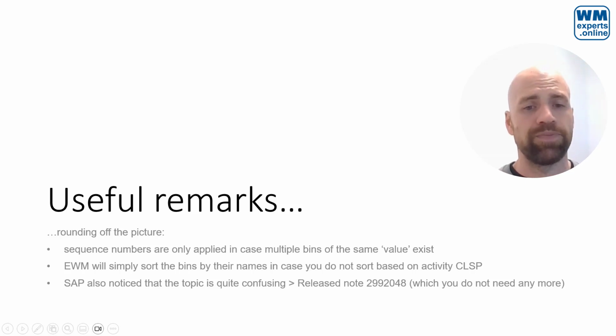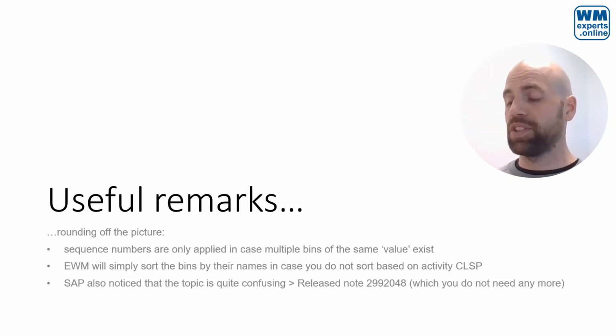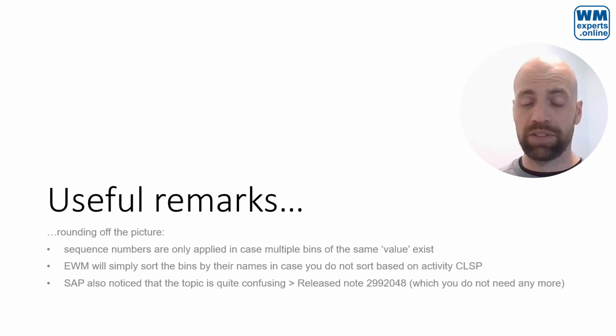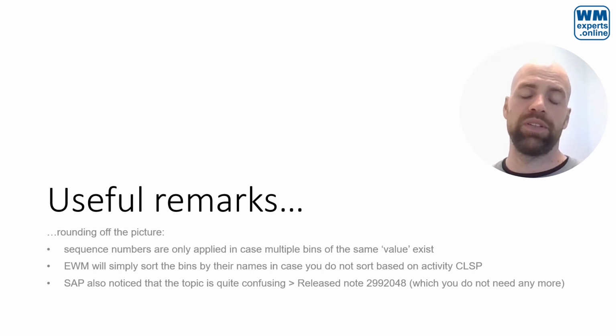The first one is that, of course, the sequence number I only implied in case multiple bins with the same, let's say, value exist. So you are usually sorting bins based on the bin type or the storage section and so on and so on. This is defined in customizing in your put-away strategy. And only if you have multiple bins with, let's say, the same HU type, the same section, so the same value for put-away of your HU, only within those bins, EWM is then applying the sort sequence numbers.